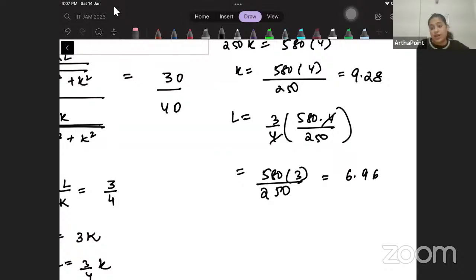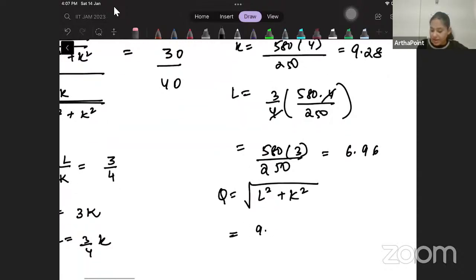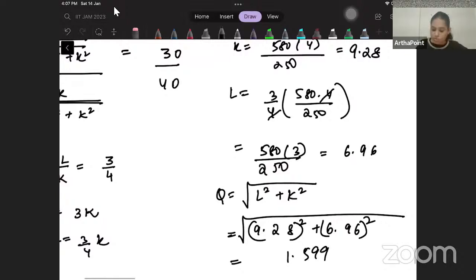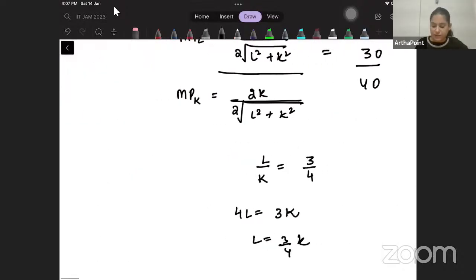Once you have found out this, just find output. So Q was L square plus K square under root. So this is going to be 9.28 whole square plus 6.96 whole square under root. And when you do that, you will get 11.5. So the answer to this question is approximately 11.5.